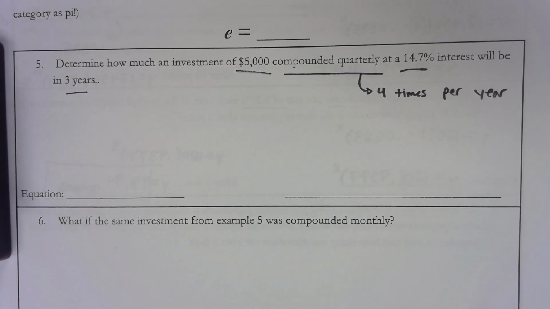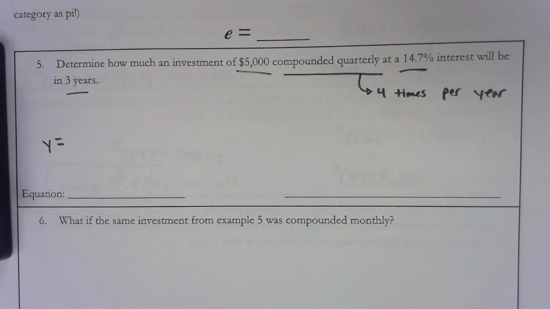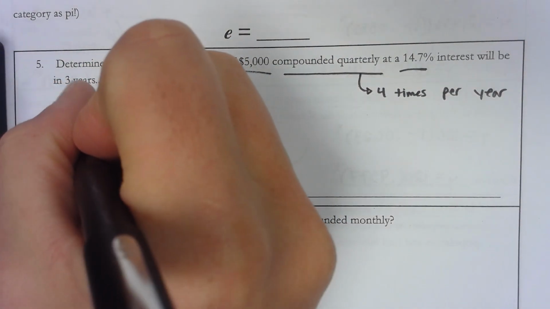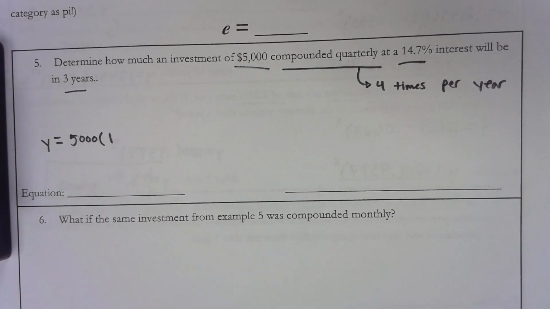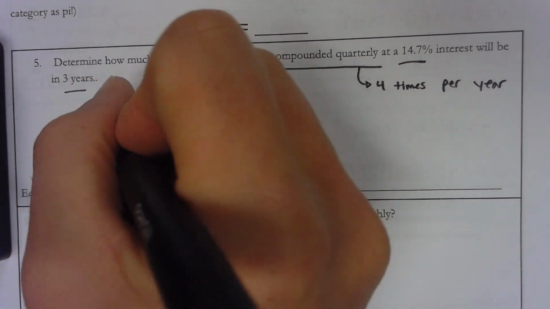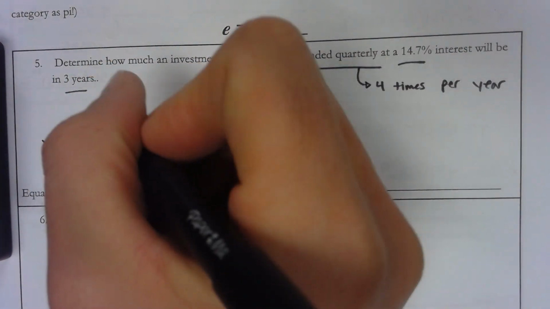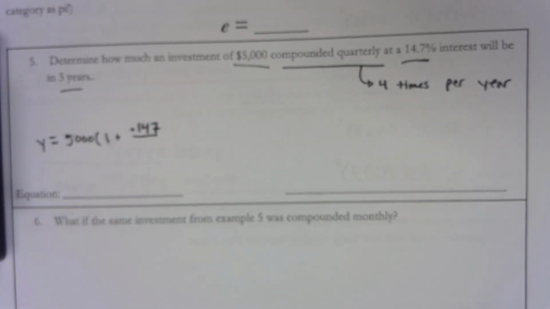So for our equation, we'll build it the exact same. Starting with a starting amount of 5,000. We still have that 100%, representing that we're going to hang on to our initial investment of 5,000, and now we're going to add the interest rate of 0.147. That's me converting 14.7 into a decimal.